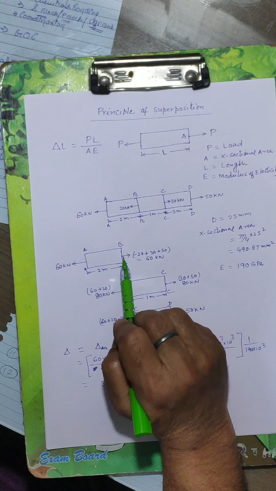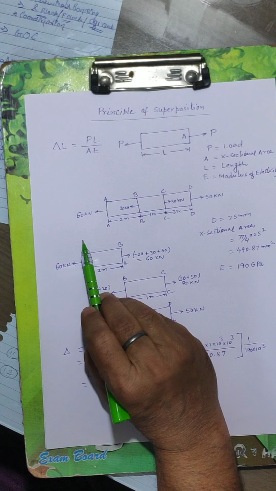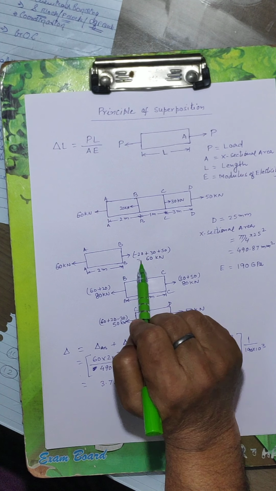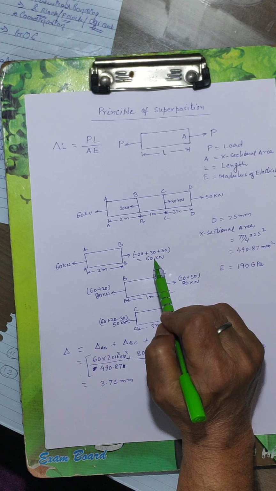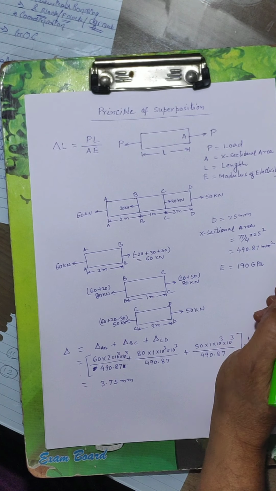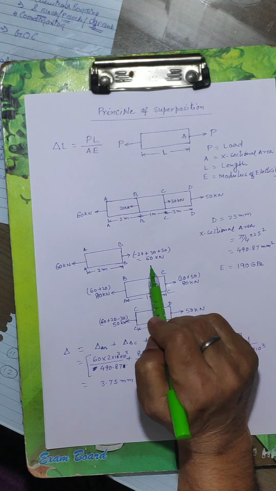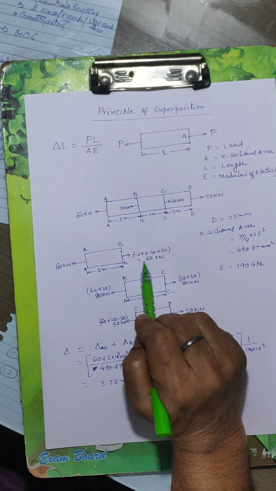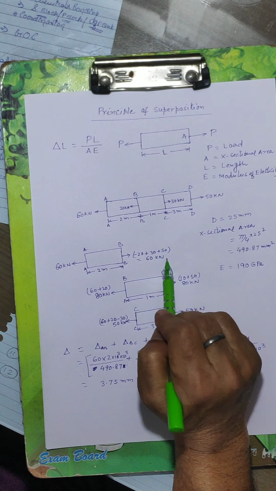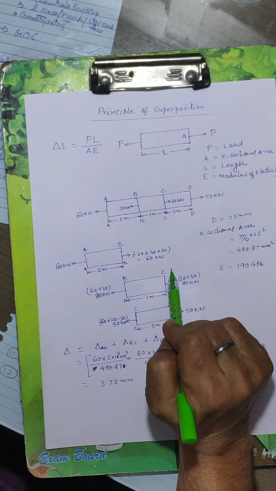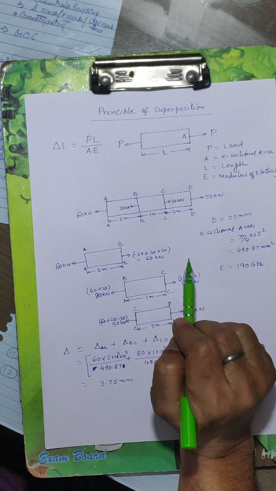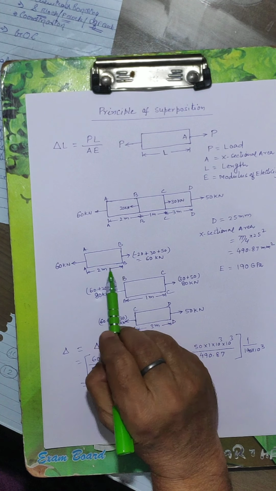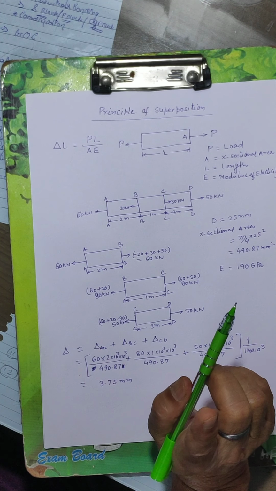So at B, 20 is left side, so negative 20, 30 is a right side, positive 30, and 50 is a right side, positive 50. So total is minus 20 plus 30 plus 50 comes to 60 kilonewton. So this body AB is subjected to 60 kilonewton tensile force.